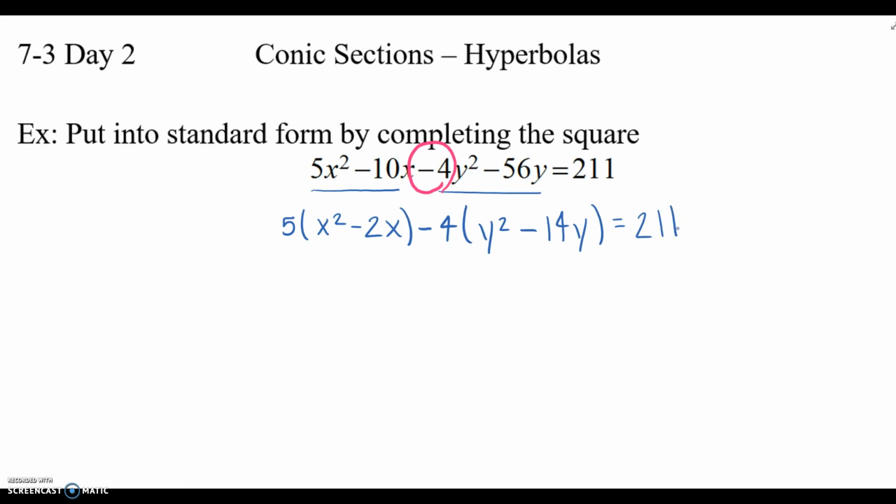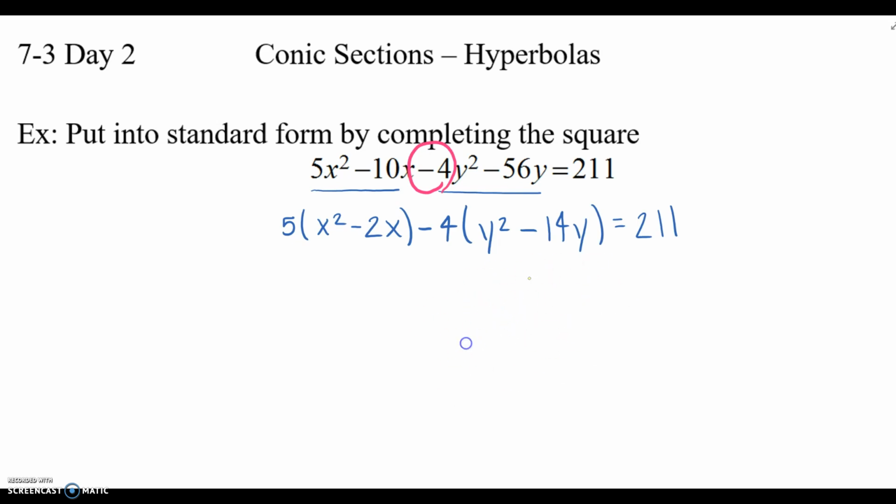So pausing real quick, if there wasn't a 4 here, so it was just negative y squared minus 56y, you would need to still factor out that negative. Right, we always want this number, our coefficient, to be positive.